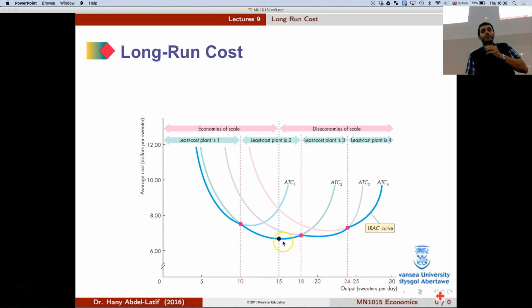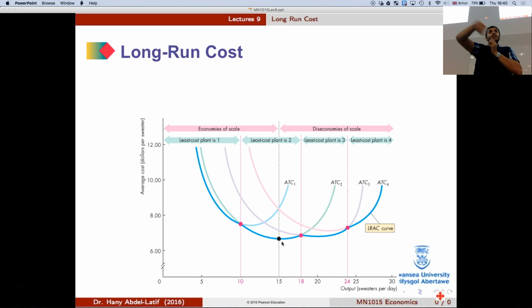This is the output level where you will have the cost in the long run at the minimum point. So where's this here? When you produce 15 units. So if you produce 15 sweaters per day, which plant size will you choose? Plant 2. Yes, exactly. It's on plant 2.